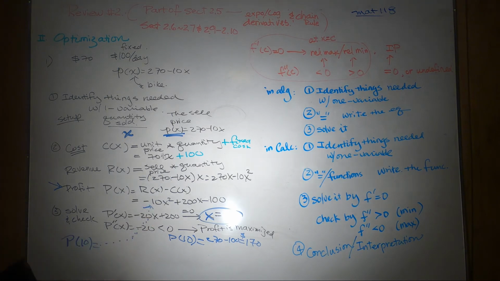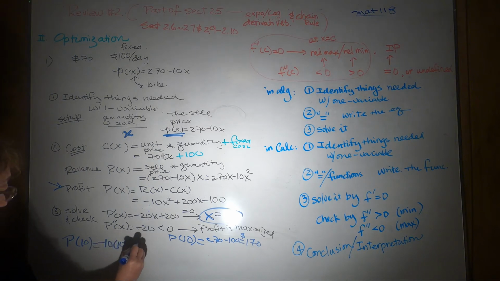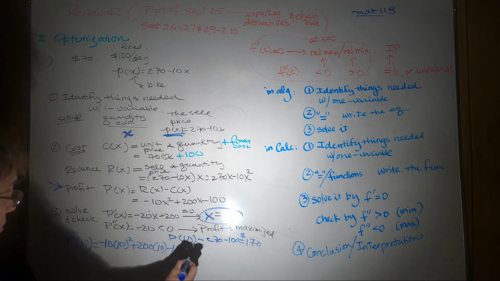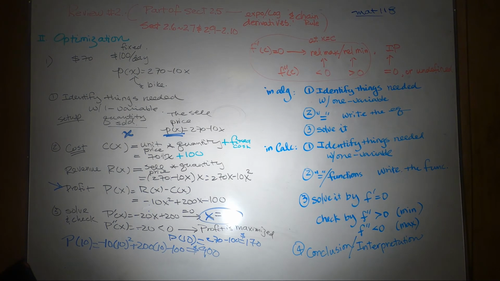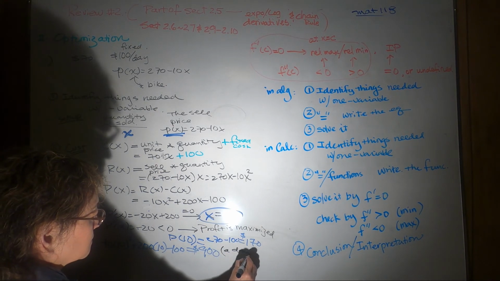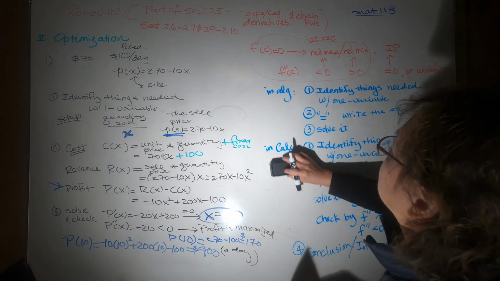That's your equation. Let's write it out: negative 10 times 10 squared plus 200 times 10 minus 100, that would be 900. So what does that mean? It means $900 a day for the profit.